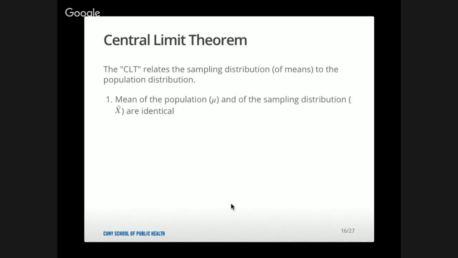And it comes in 3 parts. The first part is that the mean of the population and the mean of the sampling distribution are identical. So this was that last observation that I made, that these two distributions, even though they may differ in shape, have the same means.